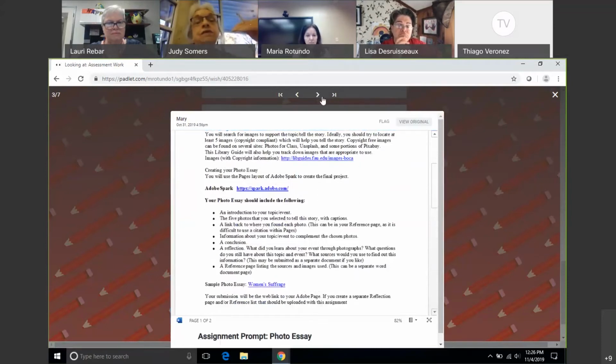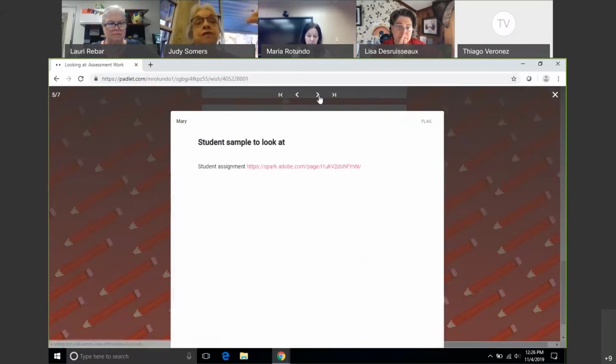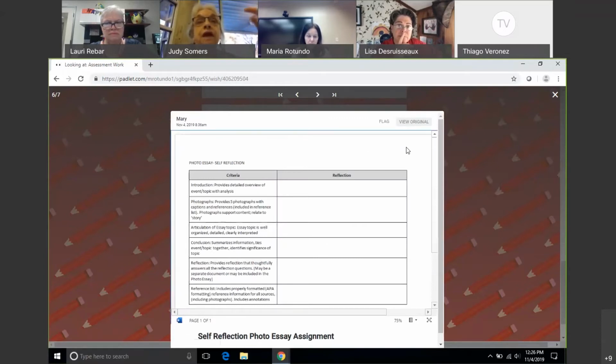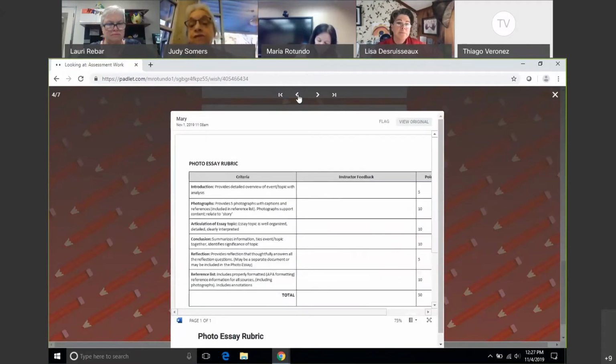I introduced the whole idea of using Adobe Spark to them in a photo essay and asked them to just reflect at that point, cold essentially, on what they knew about the topic at that point. And then I use the same rubric with points added to it, with the blank space in the middle being for the instructor feedback.